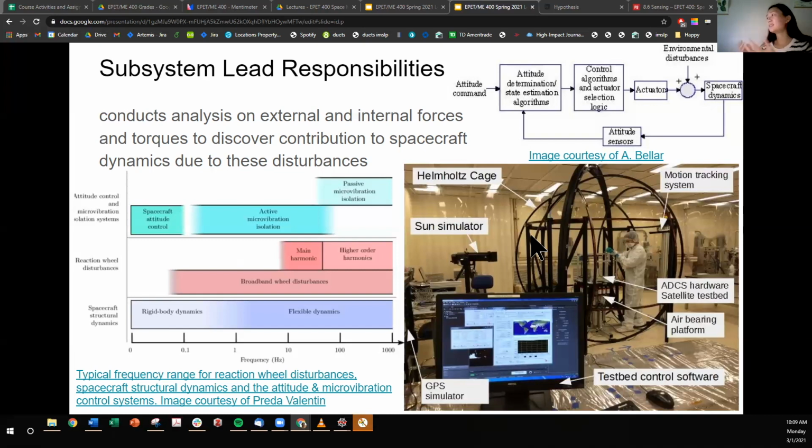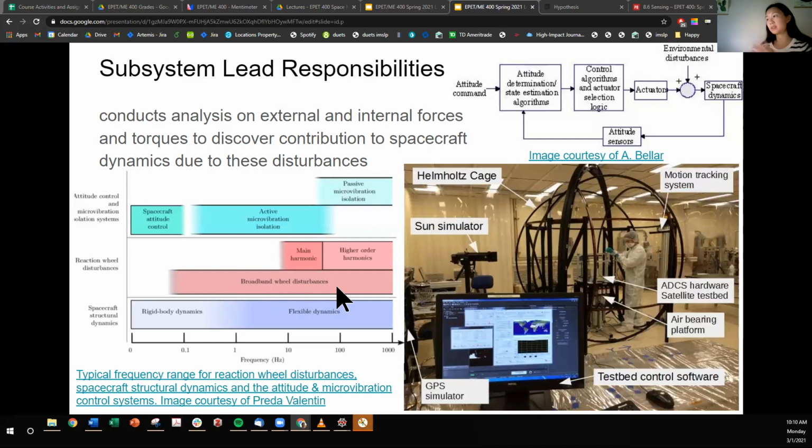So what can these environmental disturbances be? We talked about the magnetic field, atmospheric drag. Here, there are micro vibrations that could happen from your structures. There could be your actuators generating different vibrations like harmonics or broadband wheel disturbances.